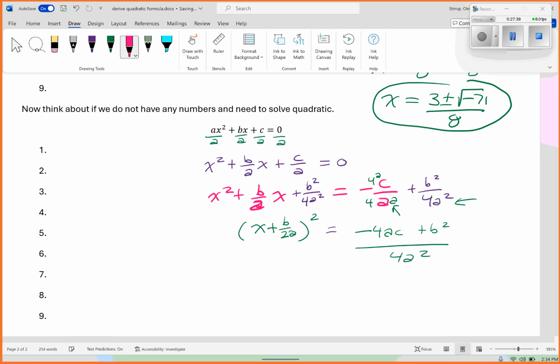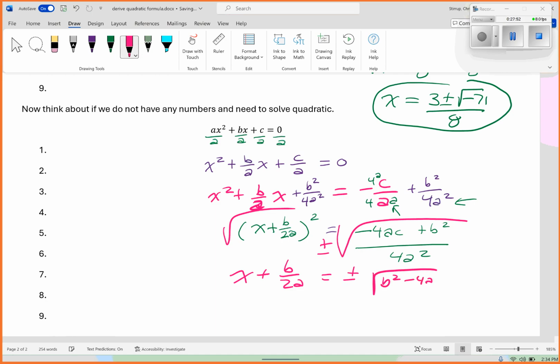We're ready for the famous root. Don't forget the plus minus. I'm going to rearrange the order. B squared minus 4ac all over 4a squared. Square root of 4 is 2.